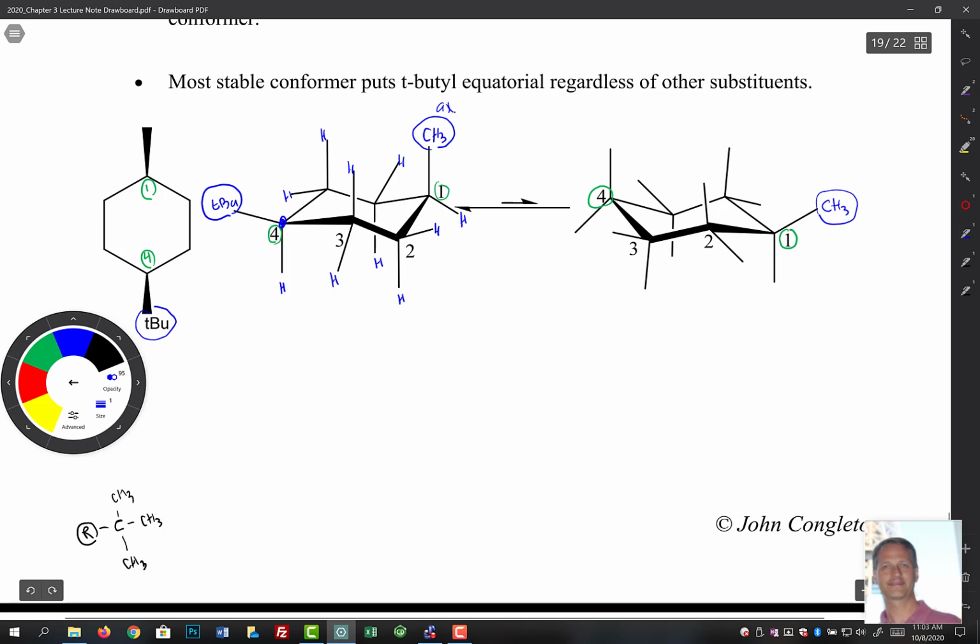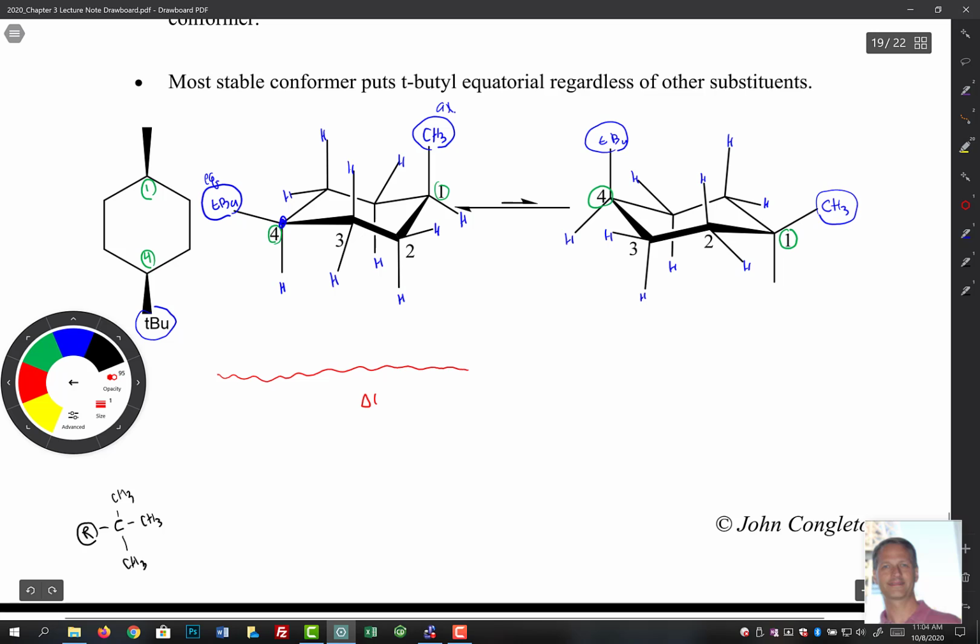And then let's look at number 4. Here we have equatorial. Now that's going to be axial, right? And then we put our H's in everywhere else. So in a problem like this, just because we simply said putting big bulky groups equatorial is generally better, we already know that this is going to be our most stable conformation.